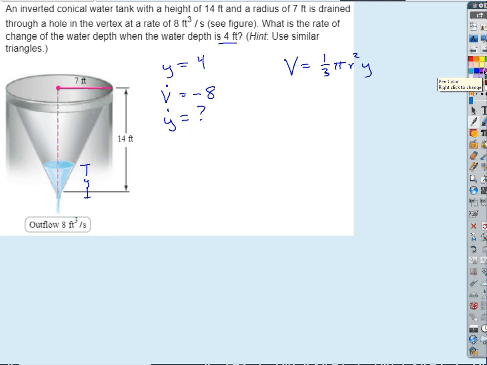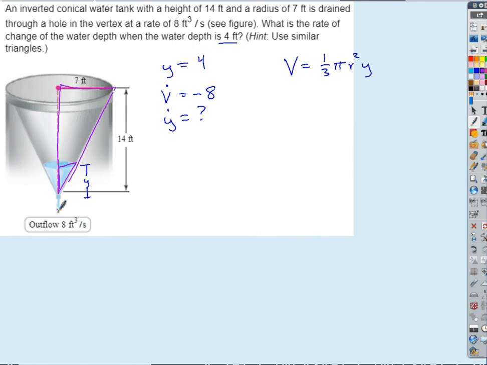Yeah, there you go. We know that these are similar triangles, aren't they? So there's a triangle. Well, that's a pretty bad triangle, but we get the idea. Those are similar triangles, and so they're proportional.